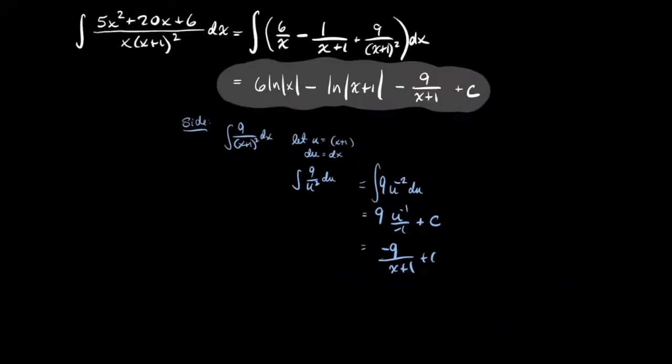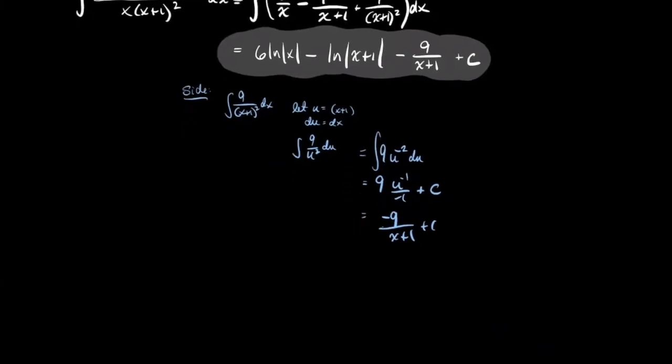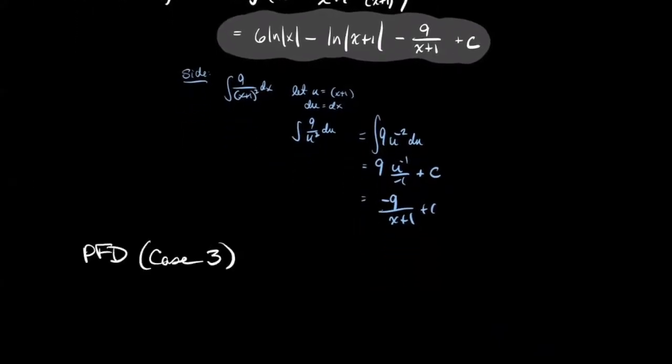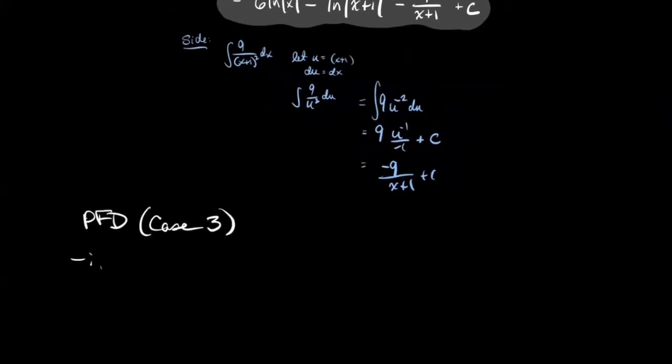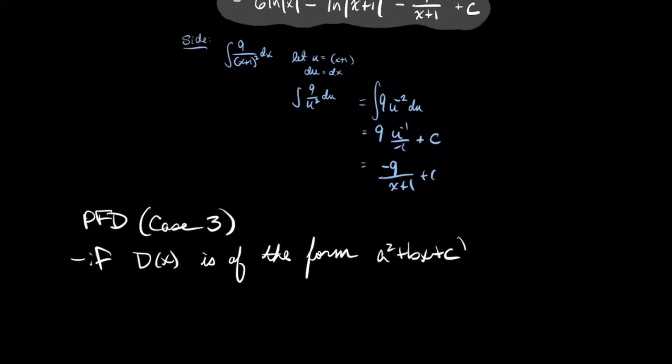All right, and the third case is if our denominator d of x is of the form of a quadratic. So ax squared plus bx plus c, but we could raise it to the nth power.